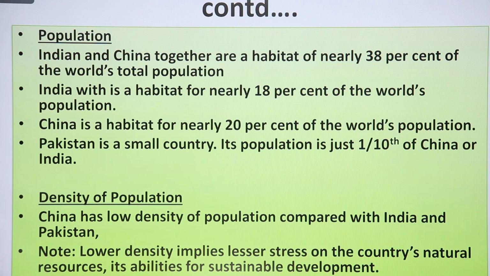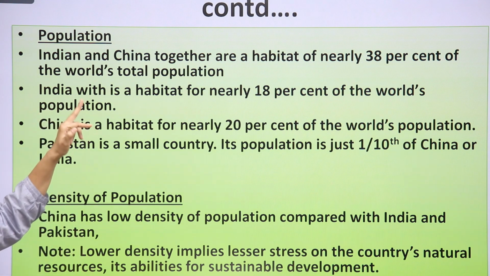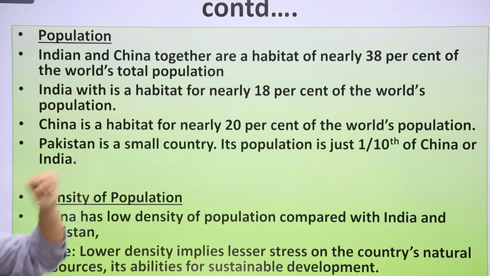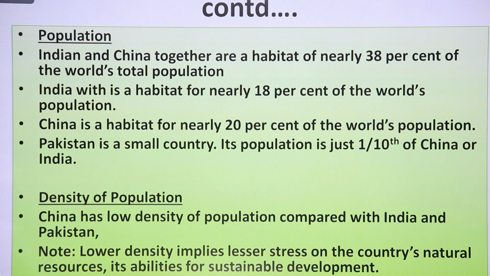Now on the basis of the table we can discuss details regarding demographic indicators. India and China together are a habitat of nearly 38% of the world's total population. That means more than one third of the whole population of the world lives in these two nations.